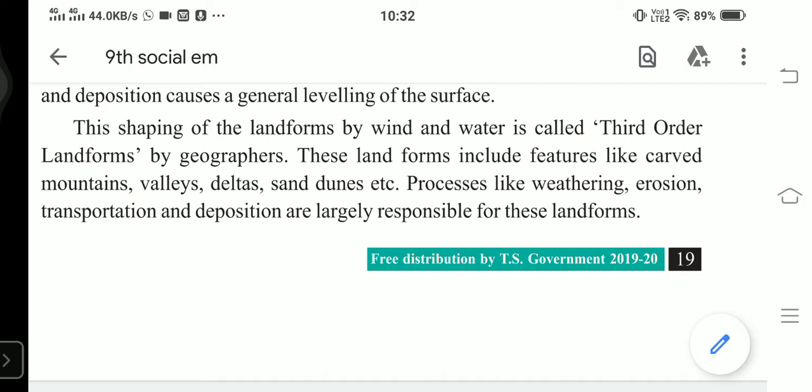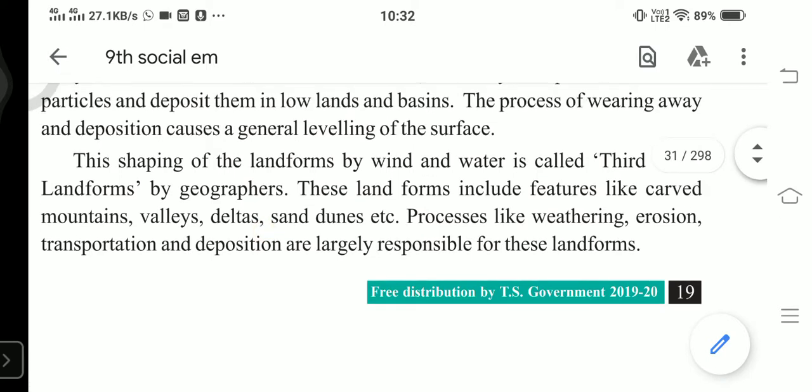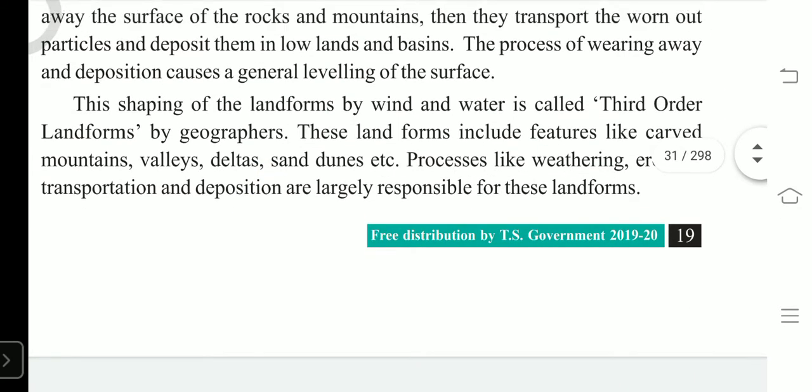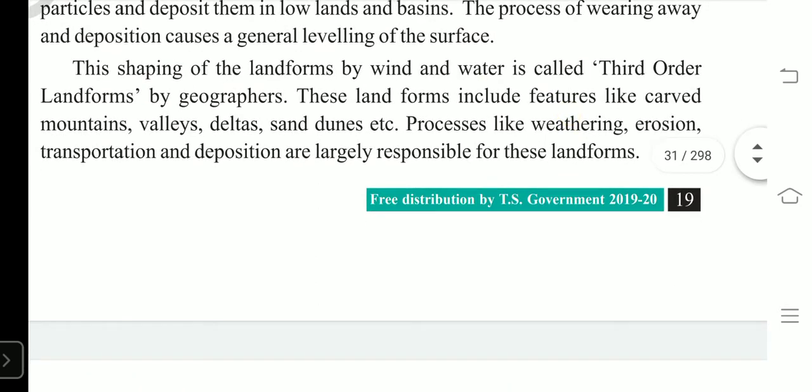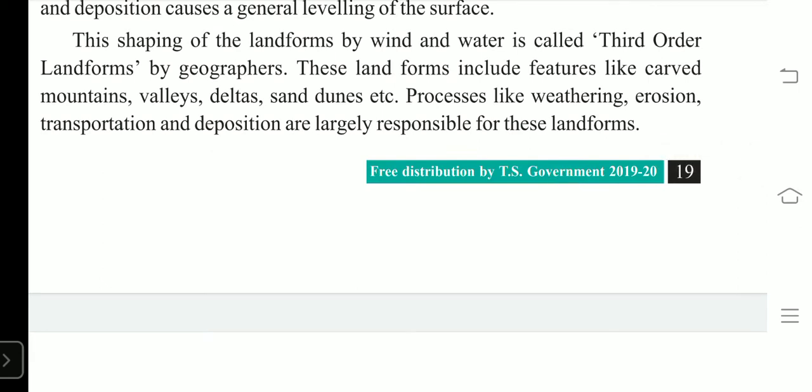These are responsible for a new order of landforms. Understand? Are you clear, my dear students? Let us see what is meant by denudation process and how it works out, and what is weathering, erosion, transportation, and deposition, right? So when all these stages work on existing landforms, that is called a denudation process.